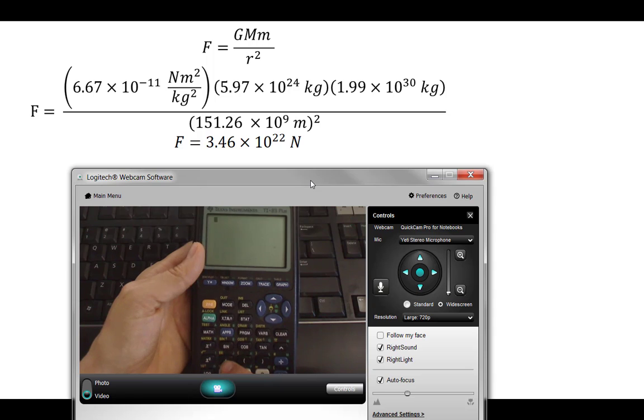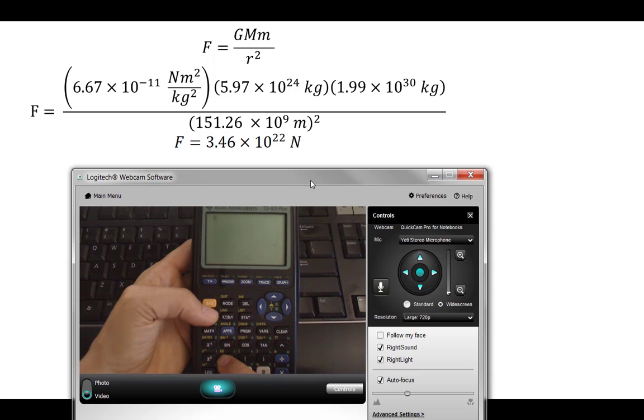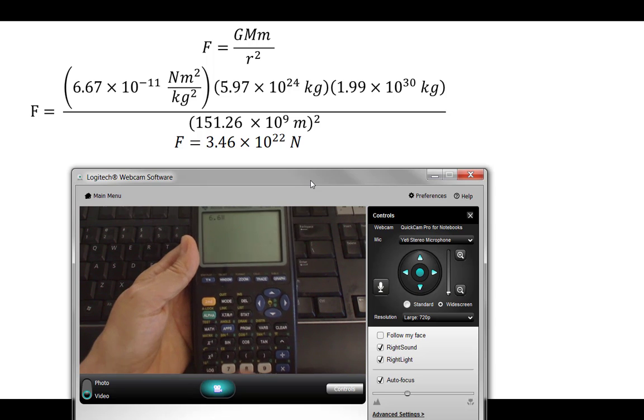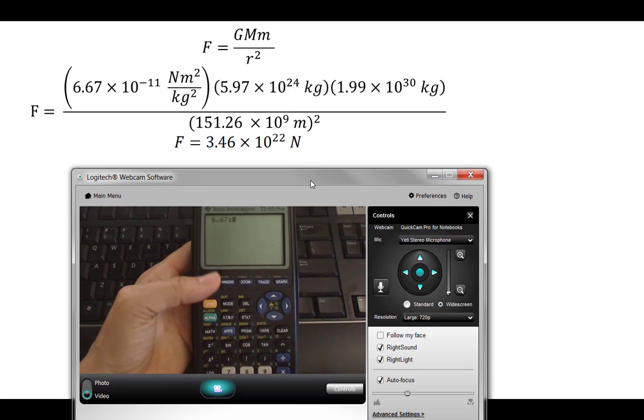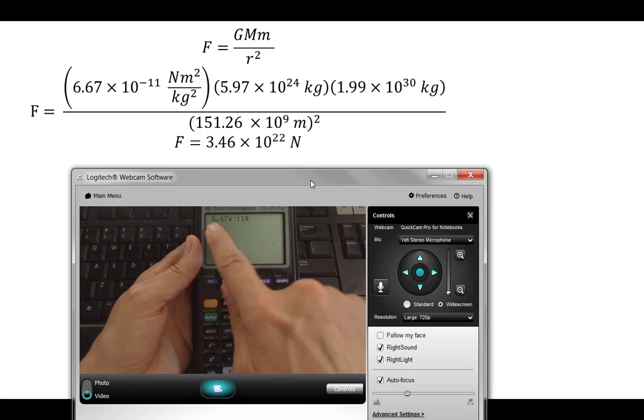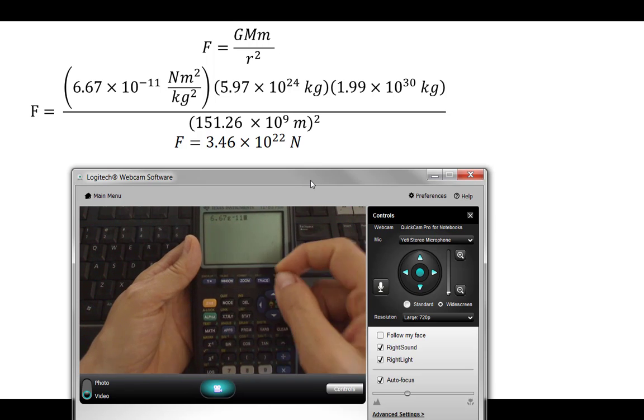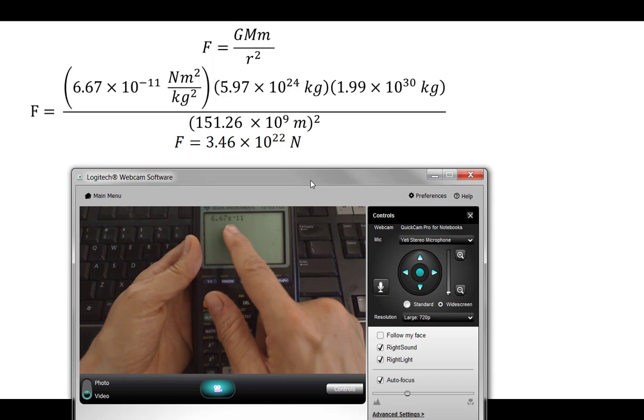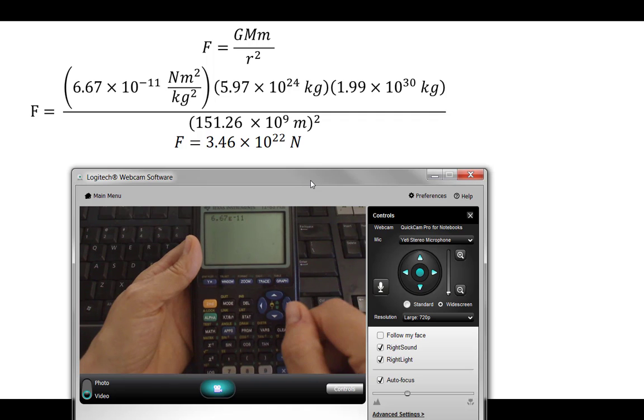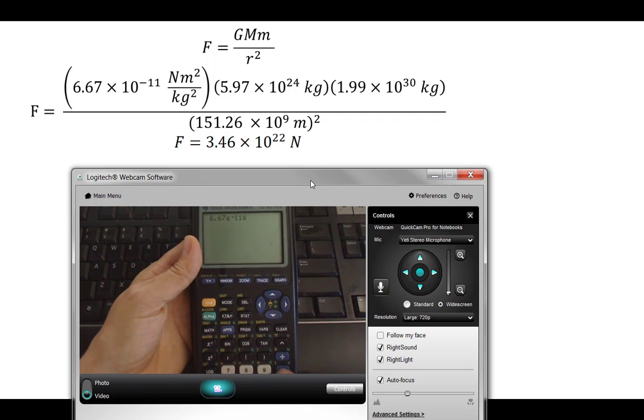So if I want to enter the first number in that calculation, 6.67 second EE, -11. The calculator realizes this is one number, it's in scientific notation, and it has a value of 6.67 times 10 to the -11. Okay, so now finishing this calculation off, 24th times 1.